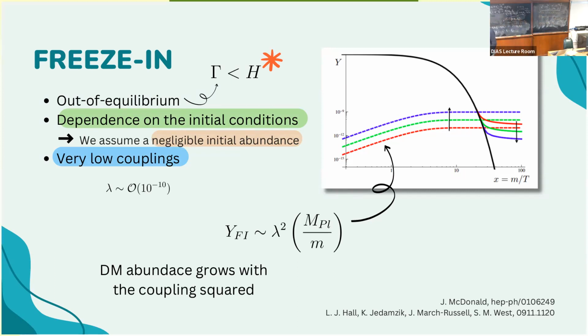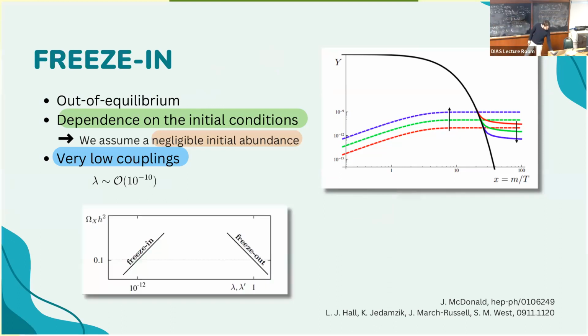And in this case, the yield, which is the number density over the entropy density, or the final relative abundance at the end, goes like the coupling squared. So the stronger the coupling, the more dark matter you produce, which is the other way around with respect to freeze out.